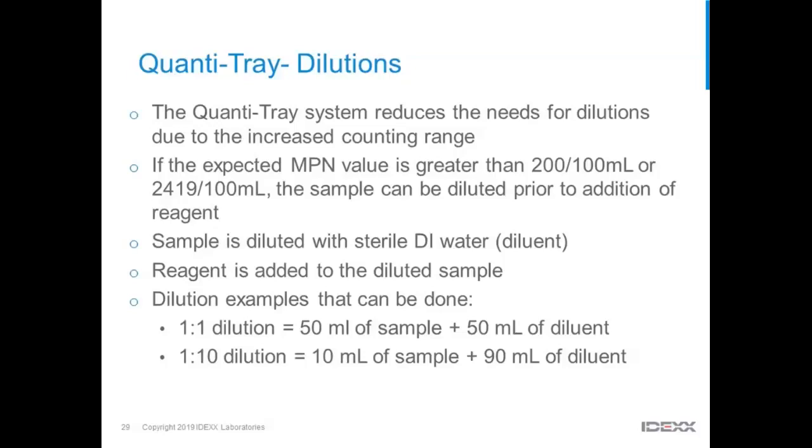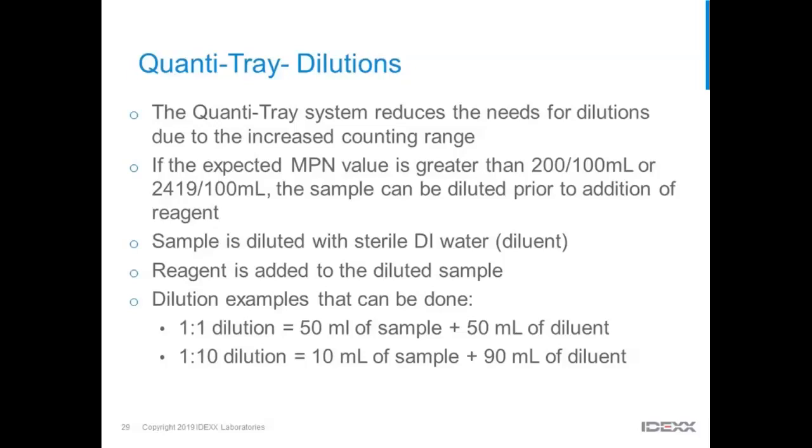Basically, what you want to do is perform any dilutions prior to adding the reagent to the sample. So create whatever dilution you require. Then to the diluted sample, which is brought to 100 mL total, you would add the reagent and go through the same steps, then incubate, take the results out, read them, and correct for the dilution that was done.